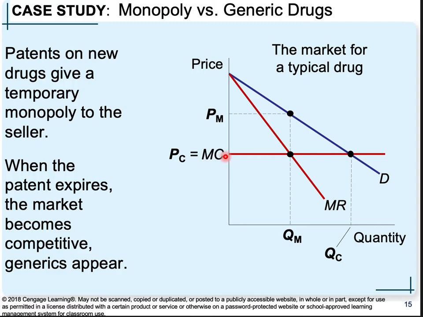This marginal cost is the price the perfectly competitive firm charges, and this is the quantity the perfectly competitive firm produces. A key distinction between monopoly and perfectly competitive price and quantity: price for a monopoly will always be higher.